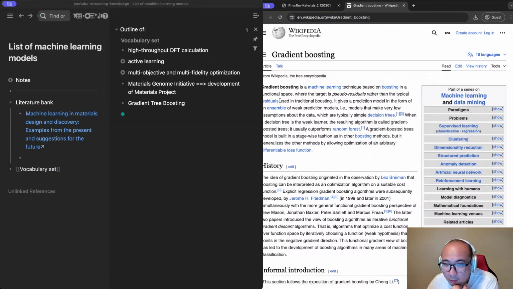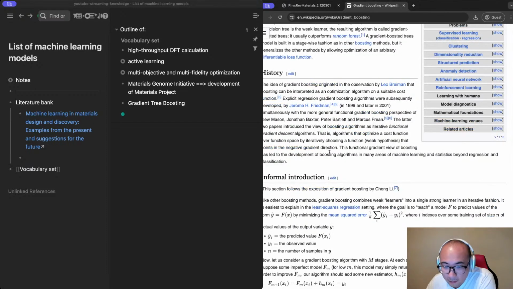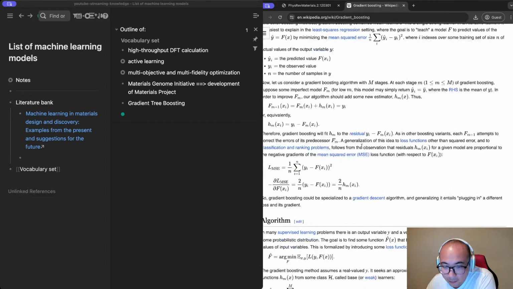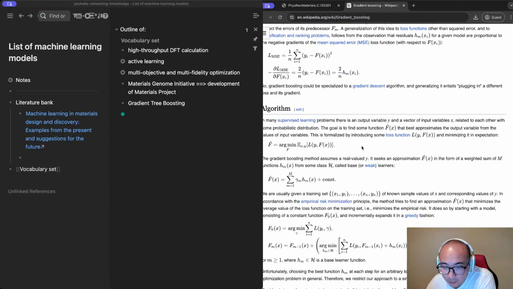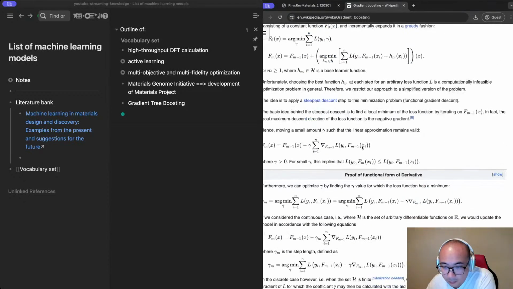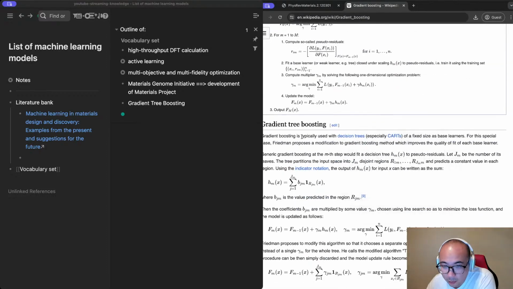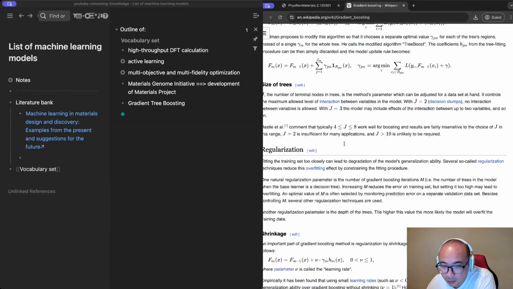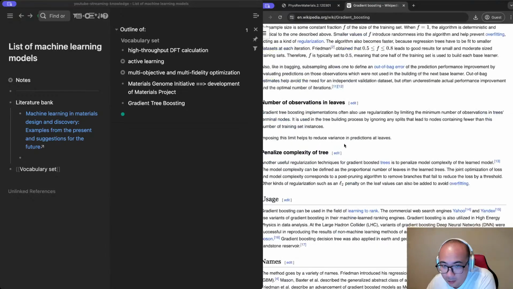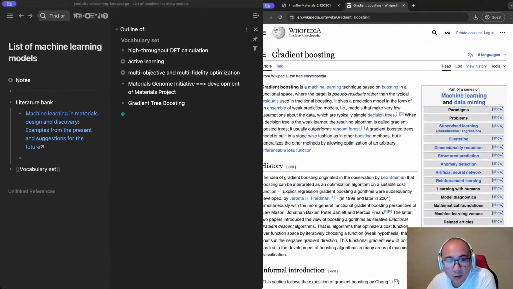Boosting in a functional space, where the target is pseudo residuals rather than the typical residuals used in traditional boosting. Gradient tree boosting. Decision trees. Okay, gradient boosting.